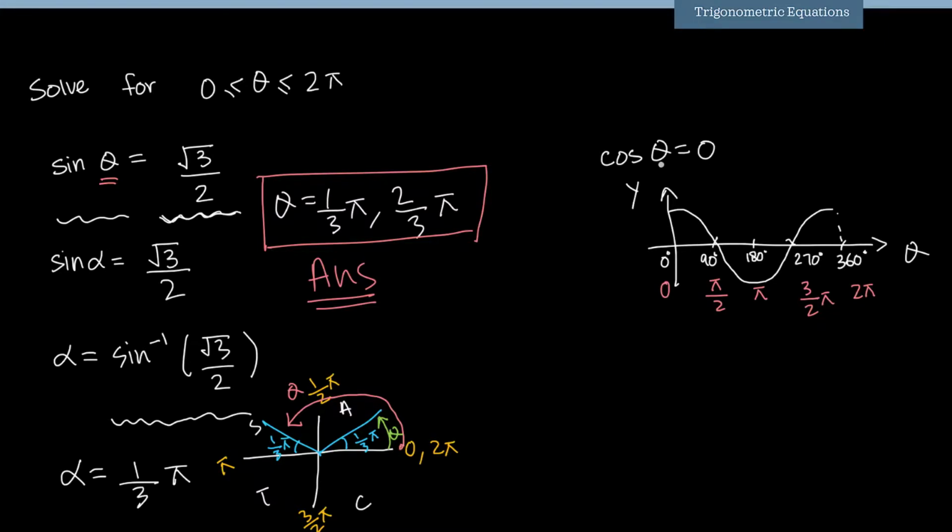Now I need to see where this cosine function is at 0. And I can see that at these 2 points, it's at 0. So my values of theta for which this cosine function is giving me a 0 value are going to be half pi radians and 3 upon 2 pi radians. This is my answer.